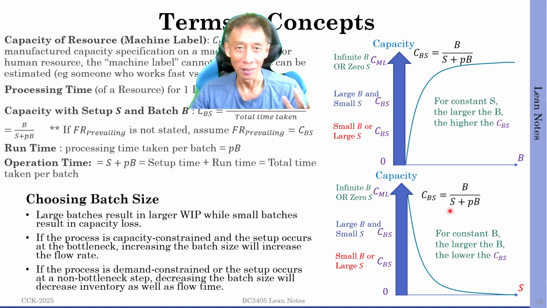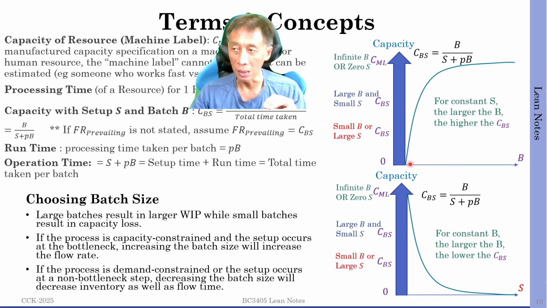Even if PB is very large, when S becomes 1,000, 10,000 minutes, it will swamp the PB. So basically 1 over infinity, and CBS goes to 0. So as S increases, it goes to 0. So almost like a reciprocal relationship. I want you to pay attention here, right? It's like having the opposite effect of B.